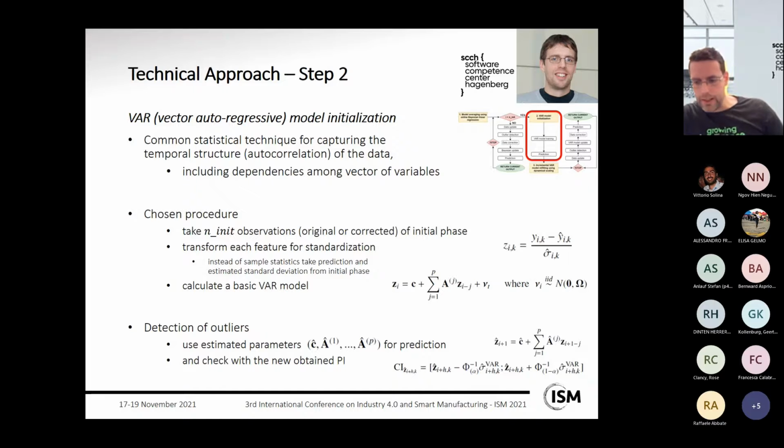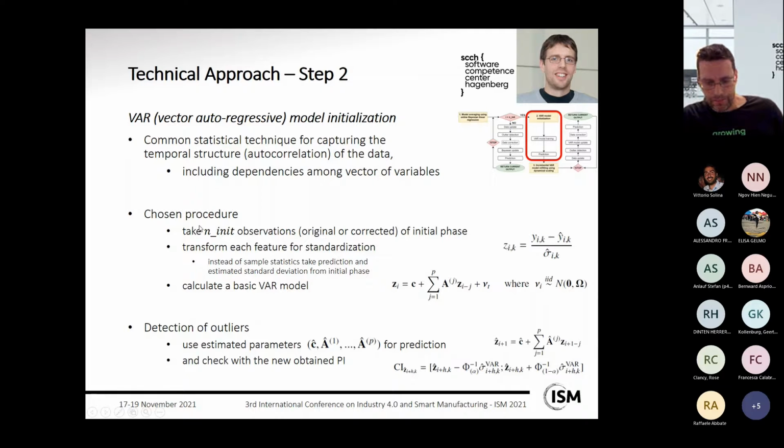In the second step follows then the initialization of the vector autoregressive model, based on the first observations of the starting phase.